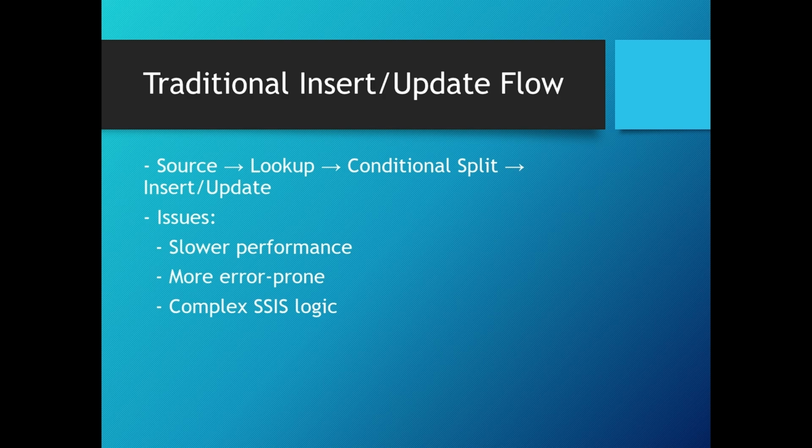Then we apply a conditional split and divide our data into two categories: if data is available, then update, and if it is not there, then insert. This is our traditional insert-update flow. The issues we mostly face are slower performance, more errors, and complex SSIS logic.